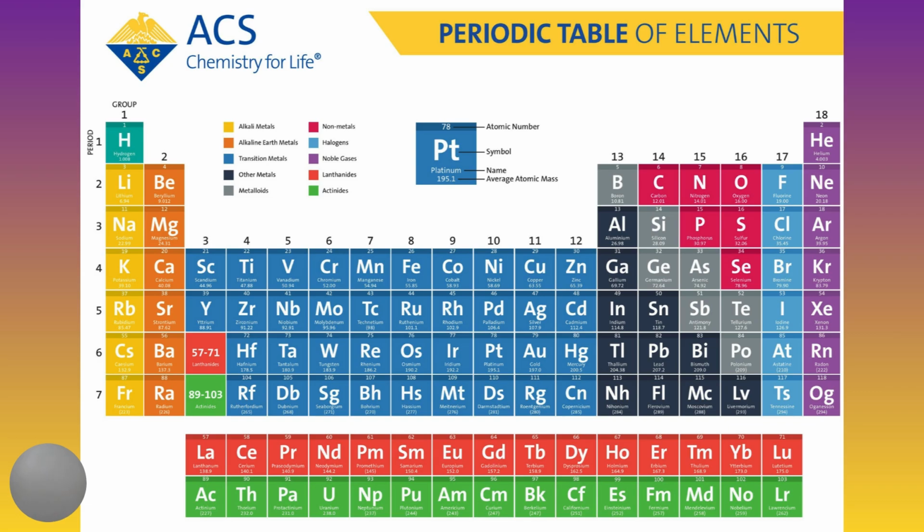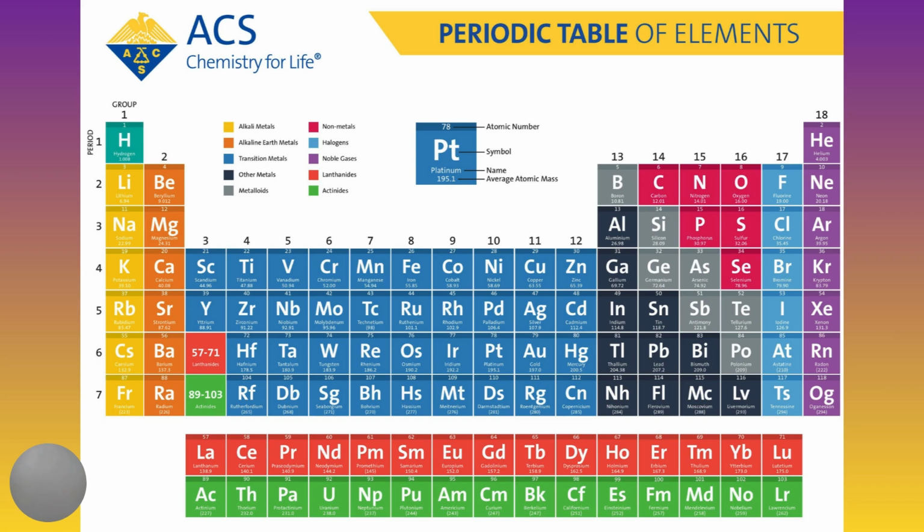If I say symbol, H. So H, hydrogen, is in group 1. And the number at the top of each box we call the atomic number. An atomic number is equal to the number of protons and electrons.